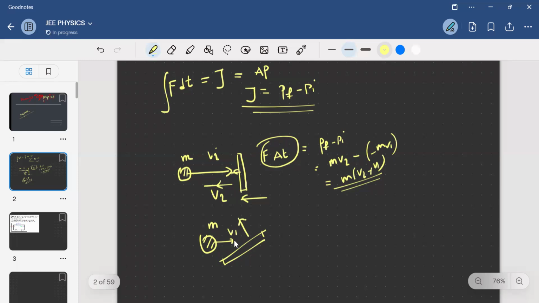That means this is the momentum direction, and then this component of the momentum will only get reversed.